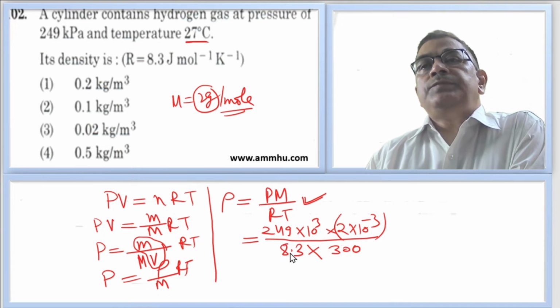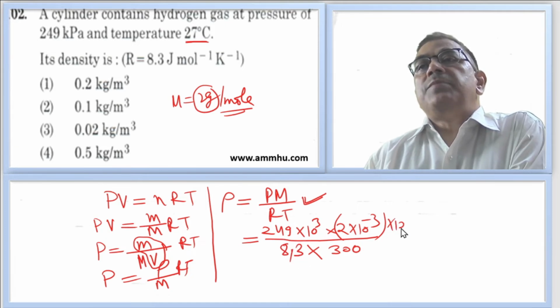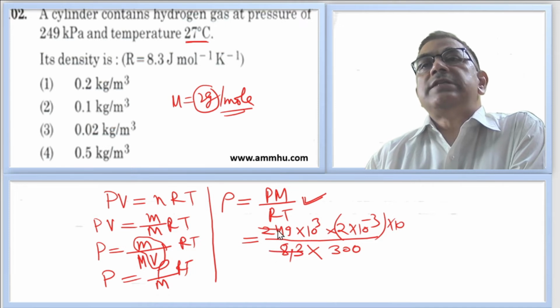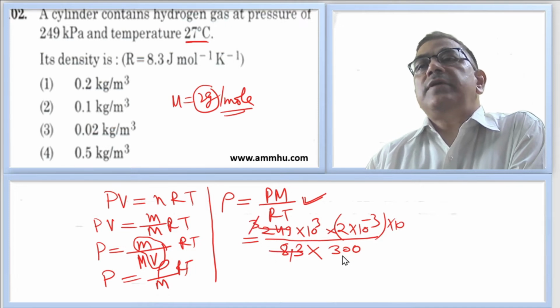Now see 8.3, it seems these two can be cancelled. How? Multiplied by 10, 3 ones, this will be 100, this 0 will be cancelled by this 0, and this is 10.